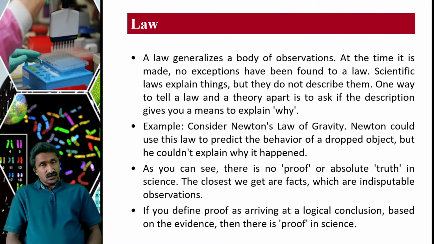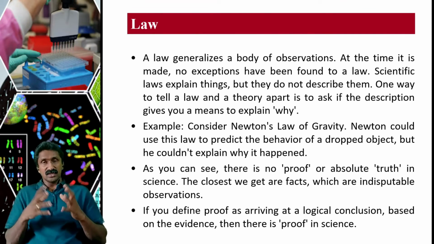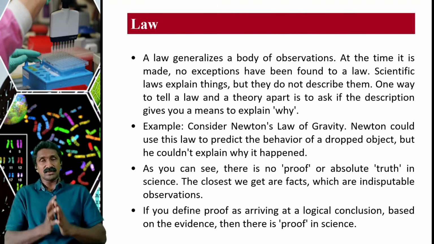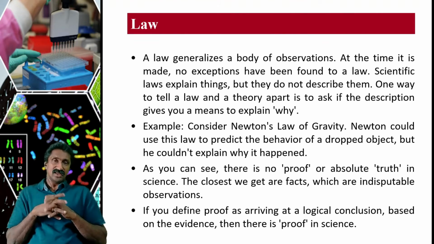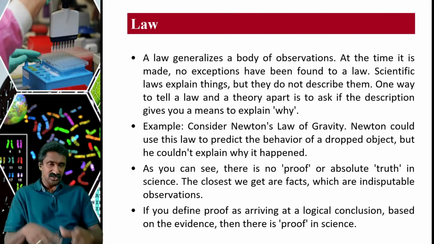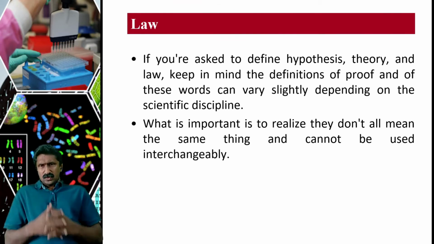And even if you define proof as arriving at a logical conclusion, in science generally, as I mentioned, the term proof means only that we reached a logical conclusion based on evidence, and that doesn't mean that you proved it to absolute certainty. Okay. Then law.